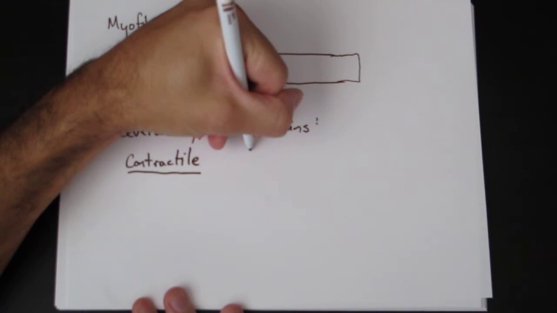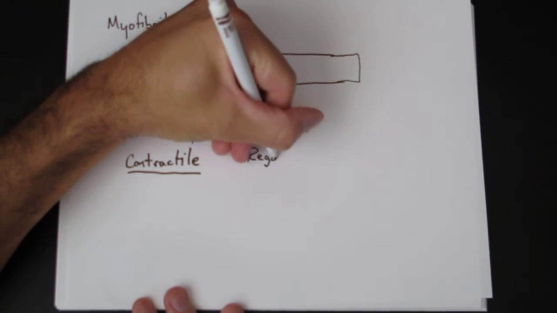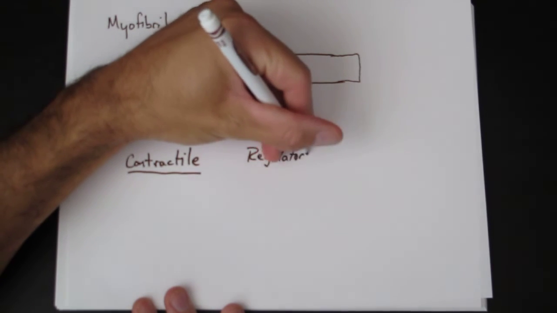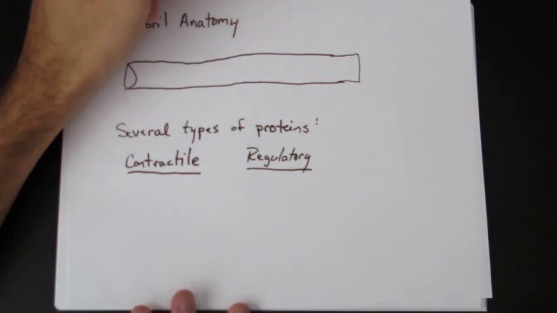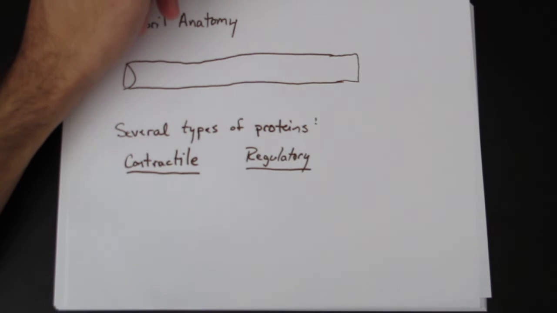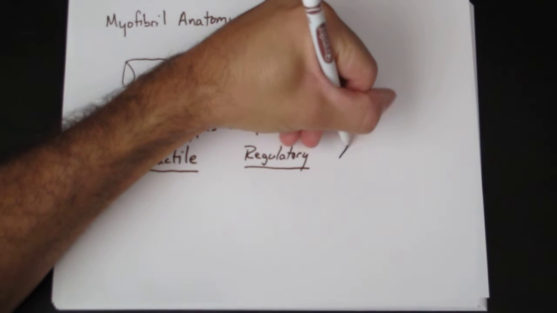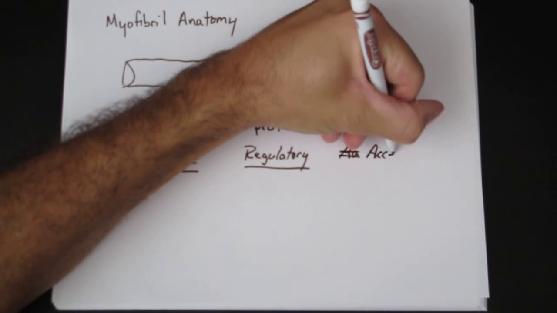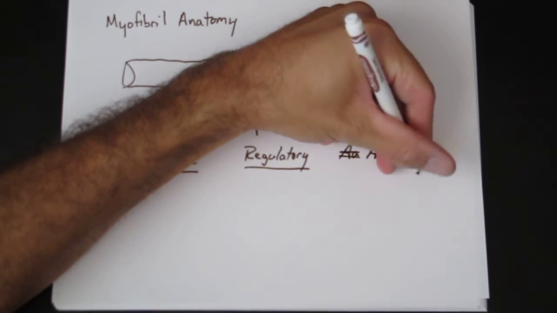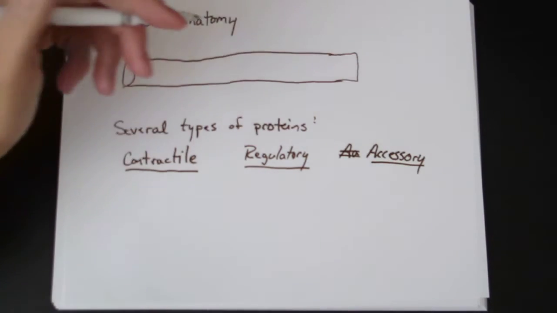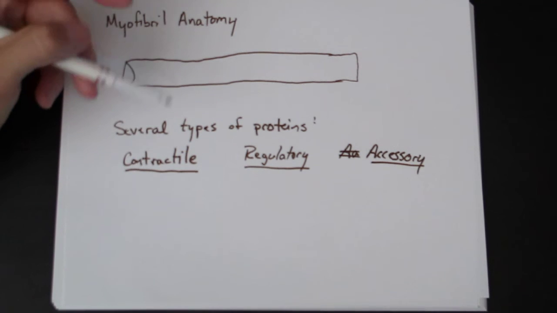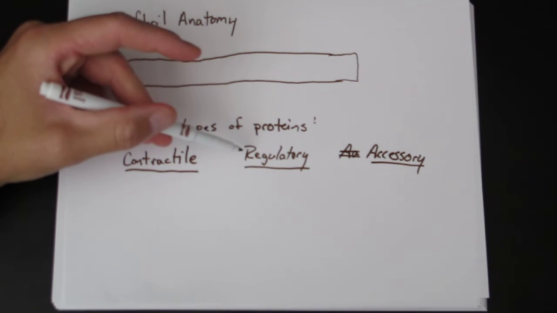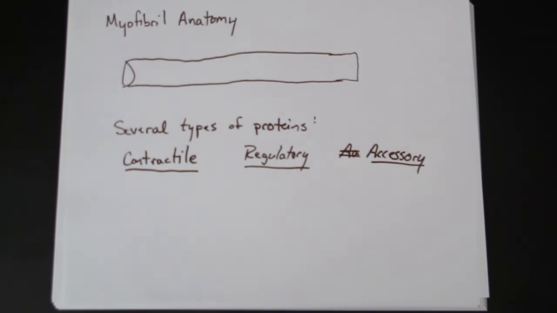Some of these are regulatory proteins. So in other words, they're going to regulate when the muscle can contract. And then some of these are what we call accessory proteins. Right? So we have three different types of proteins. We have contractile proteins, we have regulatory proteins, and we have accessory proteins.